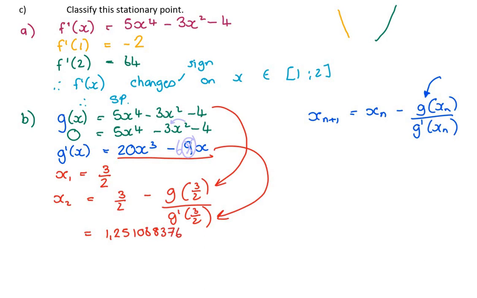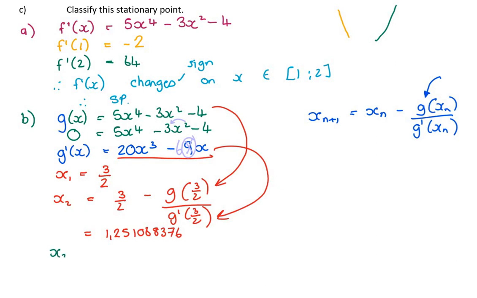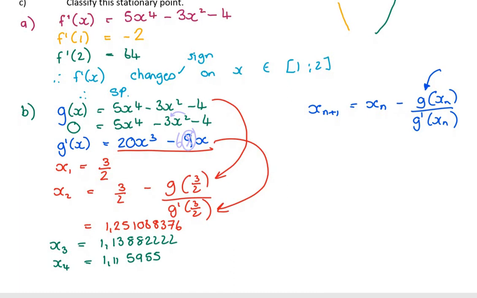I get 1.25106836. And the beauty is now I can just keep pushing equals. I just love it. It's so clever. So x number 3, now it's set to 3 decimal places, so it doesn't have to be particularly accurate. The next one is 1.388, so you'll notice we're bopping around a bit, and then 1.222. X number 4, oh gosh, is 1.11595, so we're bopping around quite a bit.